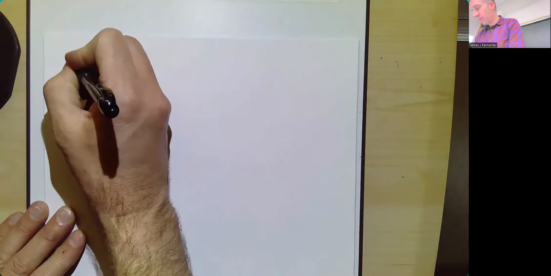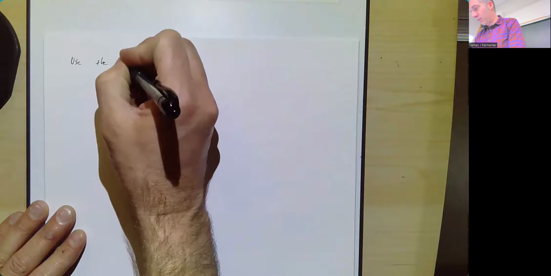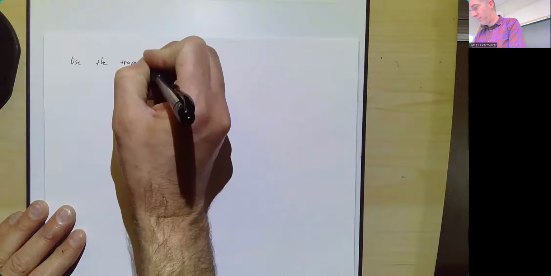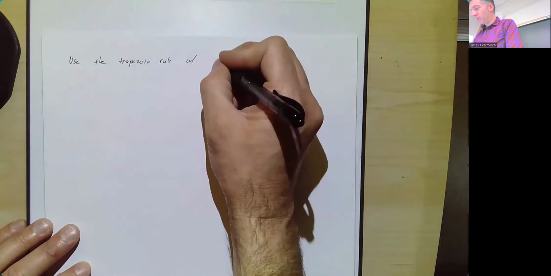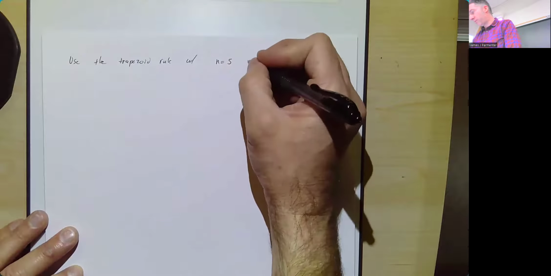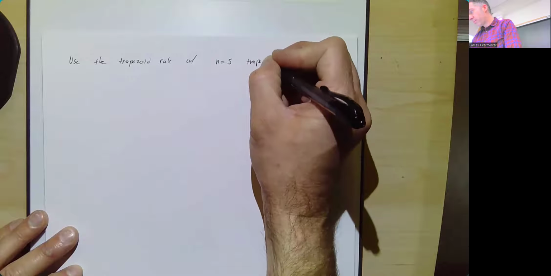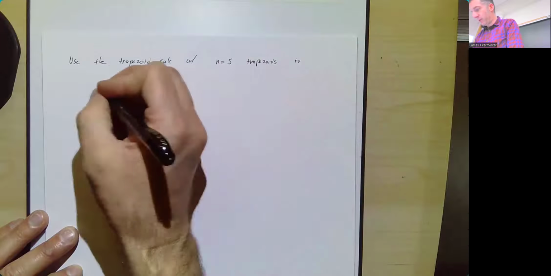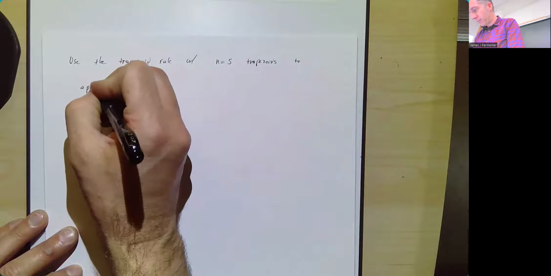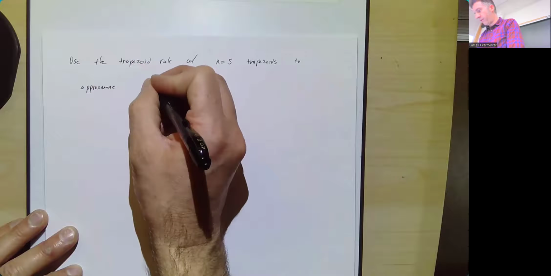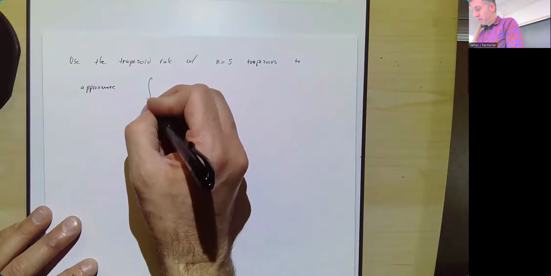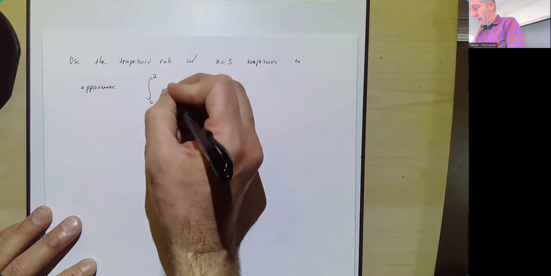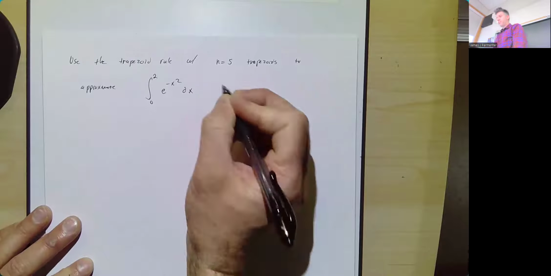Let's say we want to use the trapezoid rule with n equal to 5 trapezoids to approximate the integral from 0 to 2 of e to the negative x squared dx.